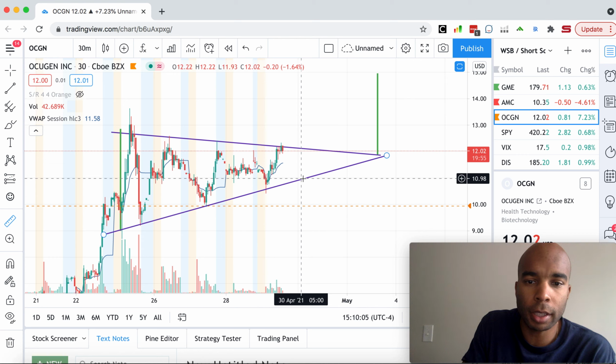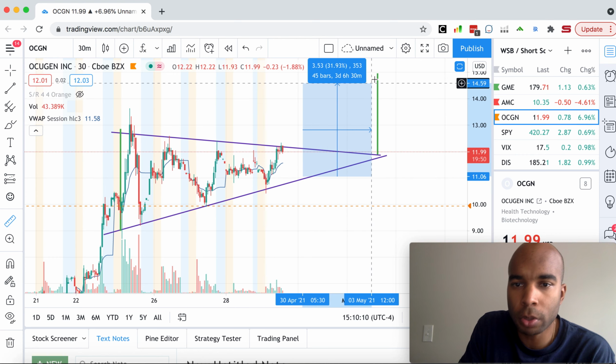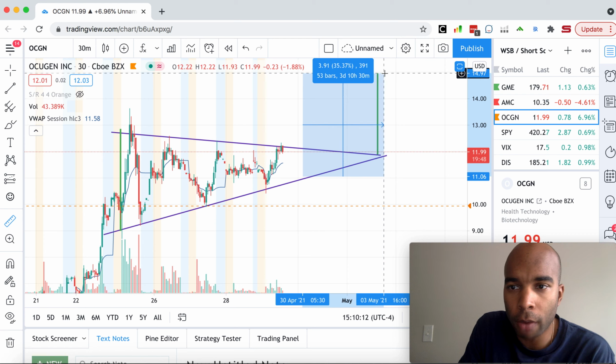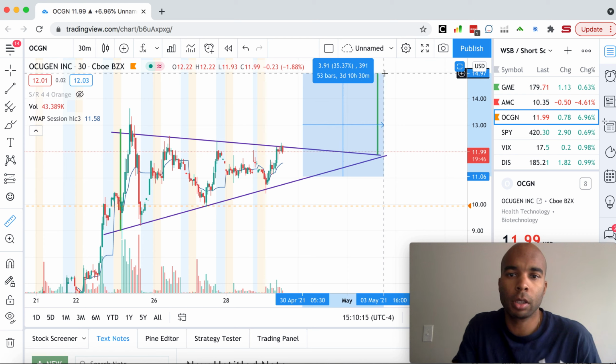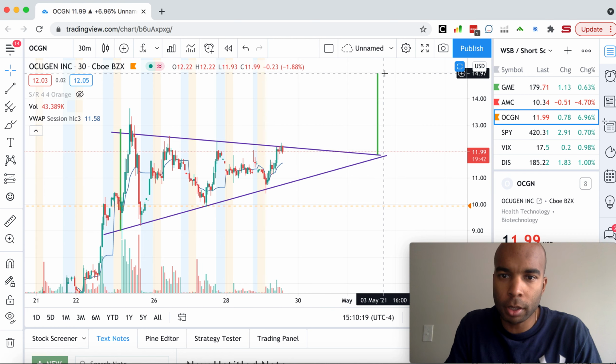But basically, if we catch a move from here up to our price target, that's another 10%, because I think it was up before it was 25%.